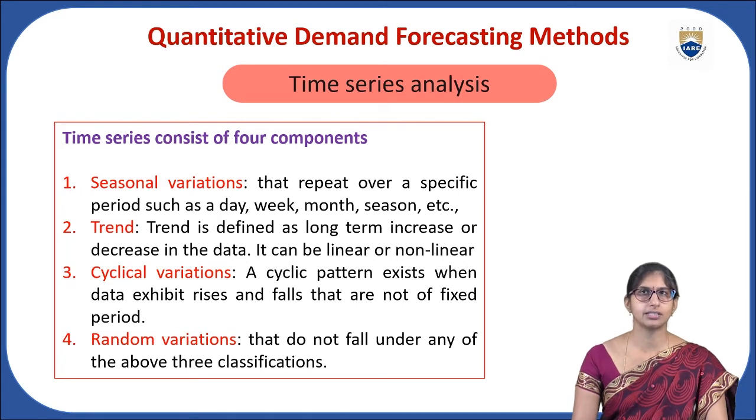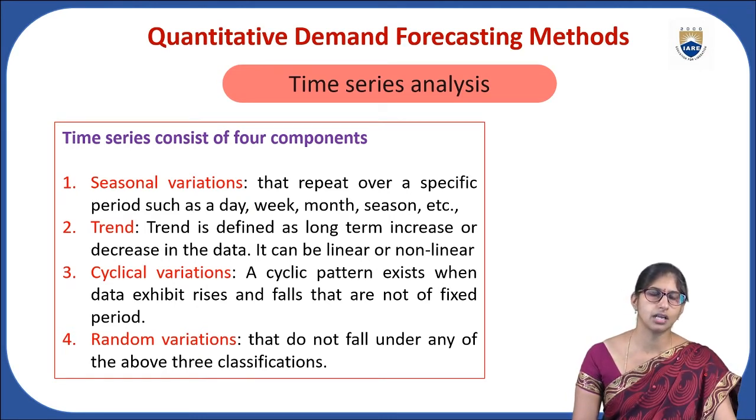Coming to seasonal variations, the variations relate to a particular season. In the summer season we have mangoes, which are a seasonal fruit. Custard apple is also a seasonal fruit.